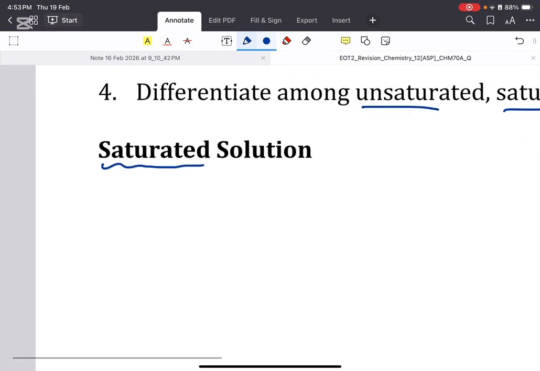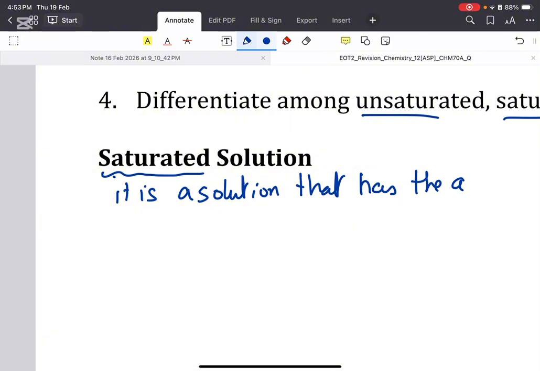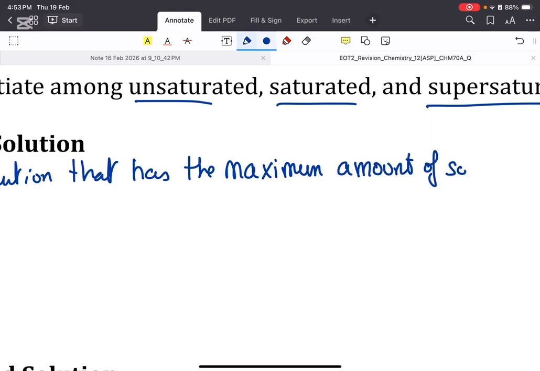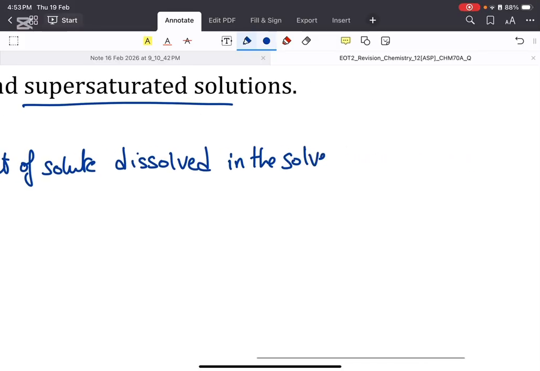So first of all, it is a solution that has the maximum amount of solute dissolved, solute particles dissolved in the solvent. All the time the solvent is water.